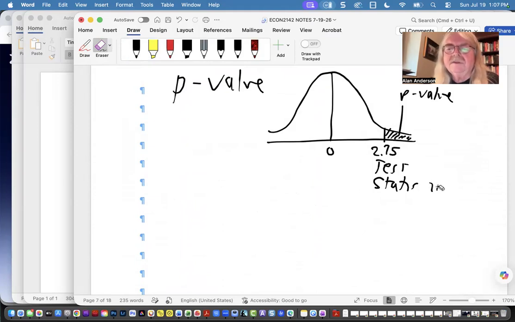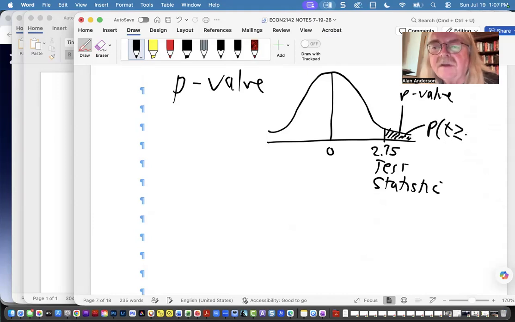Wait, hold on one second. So what we're looking for here is the probability that t is greater than or equal to 2.75.